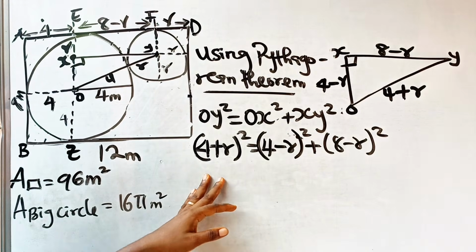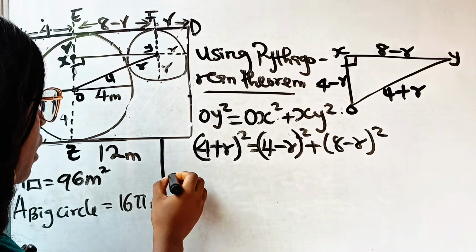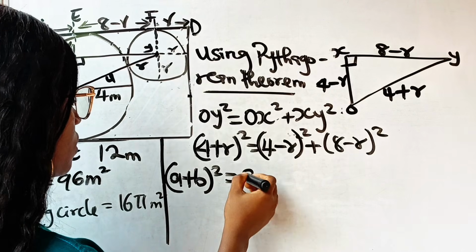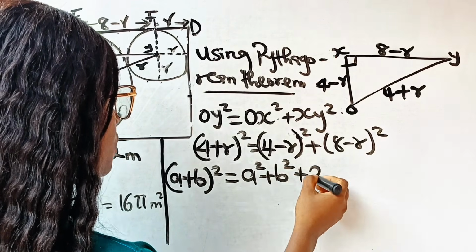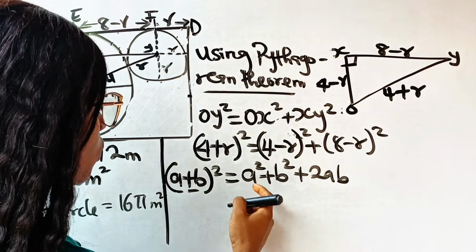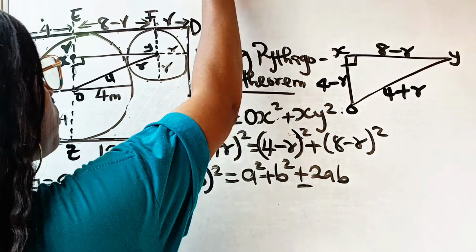Now let's solve further. Remember that (a plus b) squared is equal to a squared plus b squared plus 2ab. And (a minus b) squared will be a squared plus b squared minus 2ab.